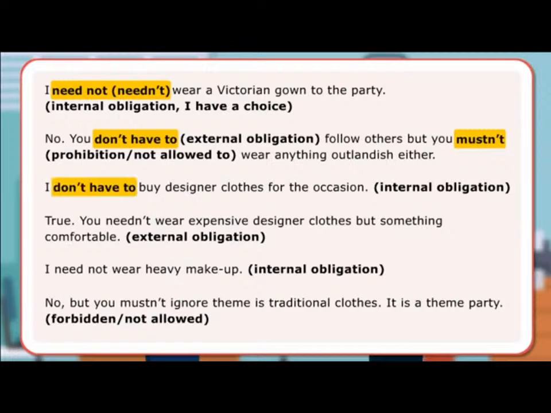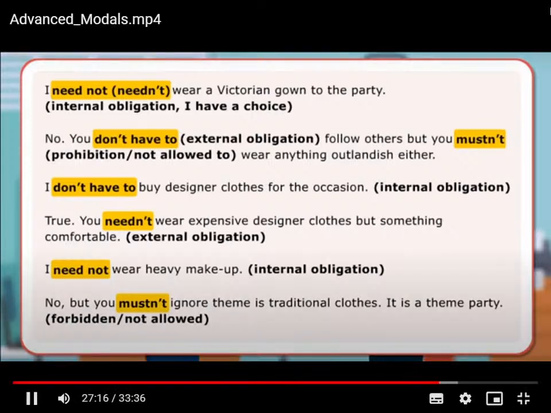I don't have to buy designer clothes for the occasion. True, you need not wear expensive designer clothes, but something comfortable. I need not wear heavy makeup. No, but you must not ignore the theme is traditional clothes. It is a theme party.